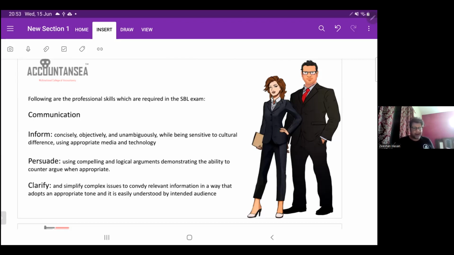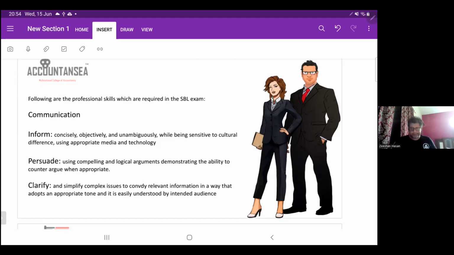Then clarify. You have to simplify the complex issues in the scenario, using an appropriate tone and language, words which can be understood by the intended audience, right?